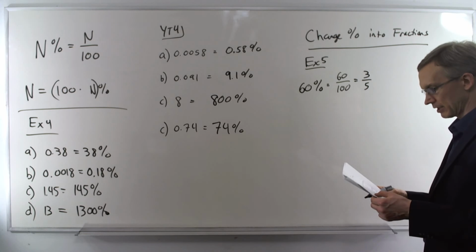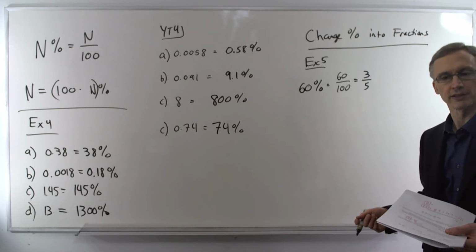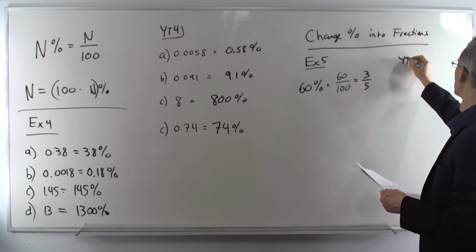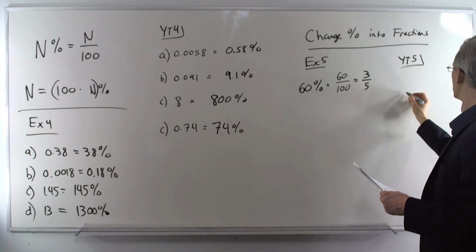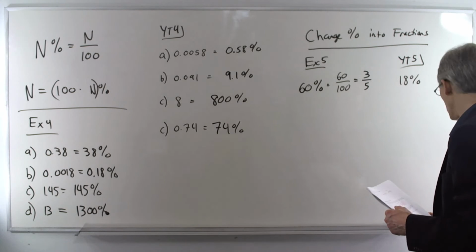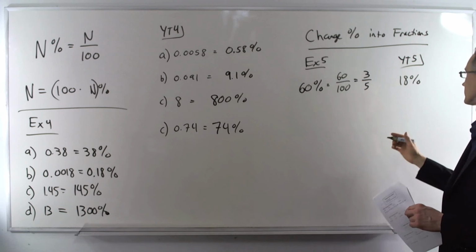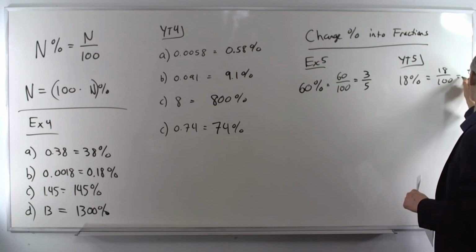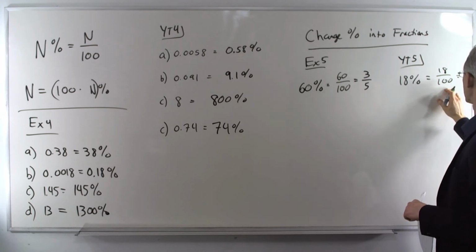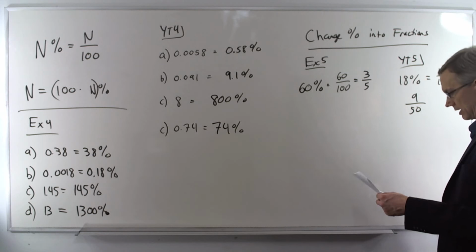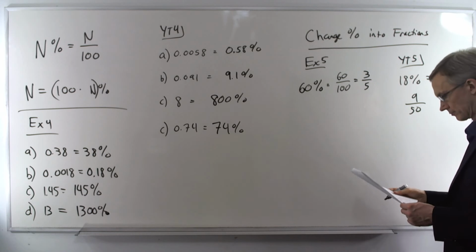So 60% corresponds to the fraction 3/5. Your turn, number 5. So using the definition of percent, write this as a fraction over 100, 18 over 100. And when we reduce this, simplest form is 9 over 50.